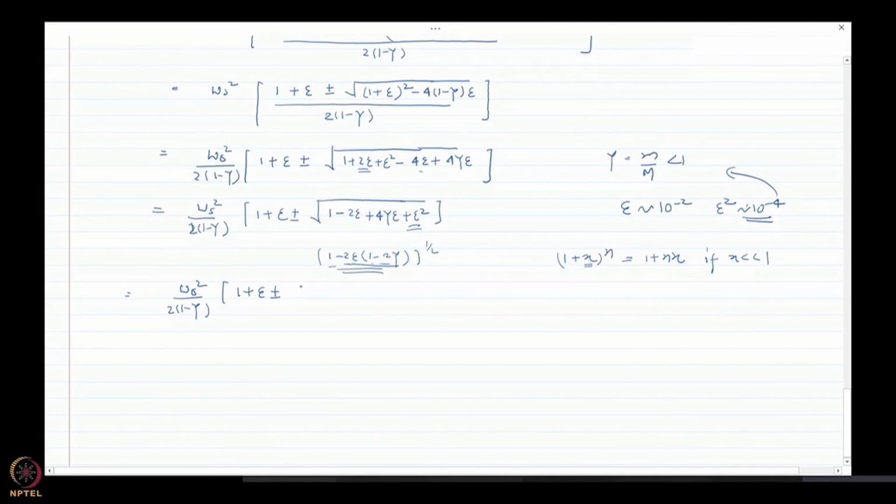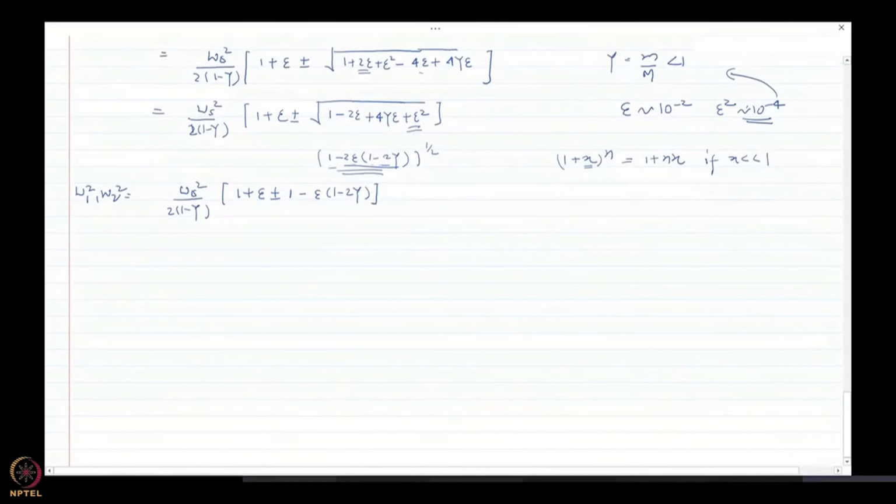Okay, and that will give me plus minus 1 minus epsilon times 1 minus 2 gamma. Okay, now remember, my omega 1 square and omega 2 square would correspond to when I consider first the positive sign here and then the negative sign here. And right now I don't know yet which one corresponds to what. So let us first take the positive sign and then see what we get.